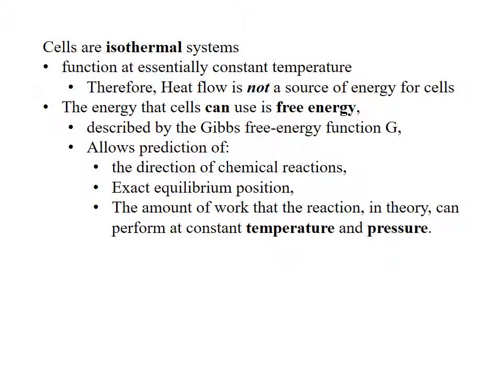It can predict the direction of the reaction. The delta G, the change in G, could be either positive or negative. It can yield the exact equilibrium position of the chemical reaction, and the amount of work that a given reaction can perform.